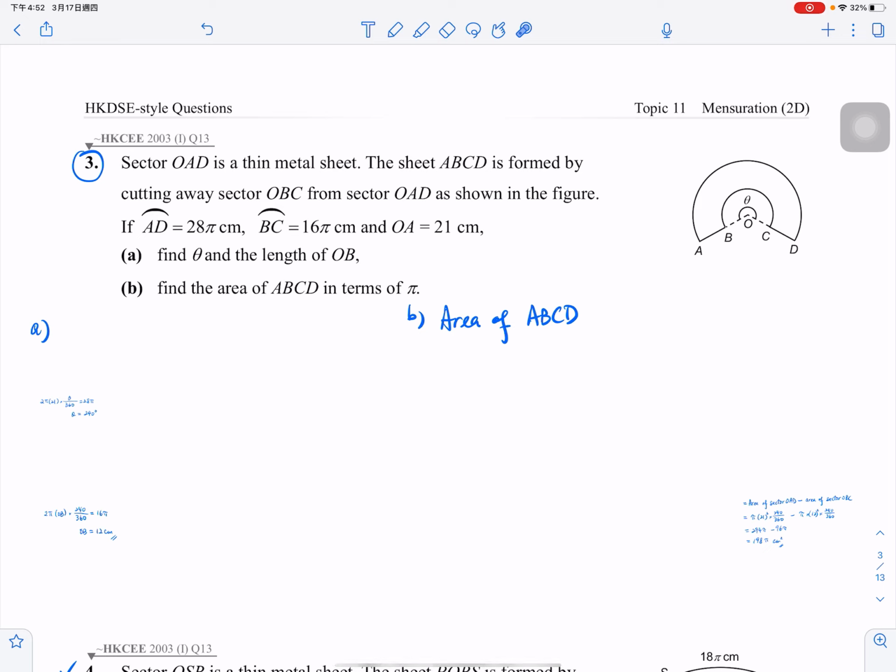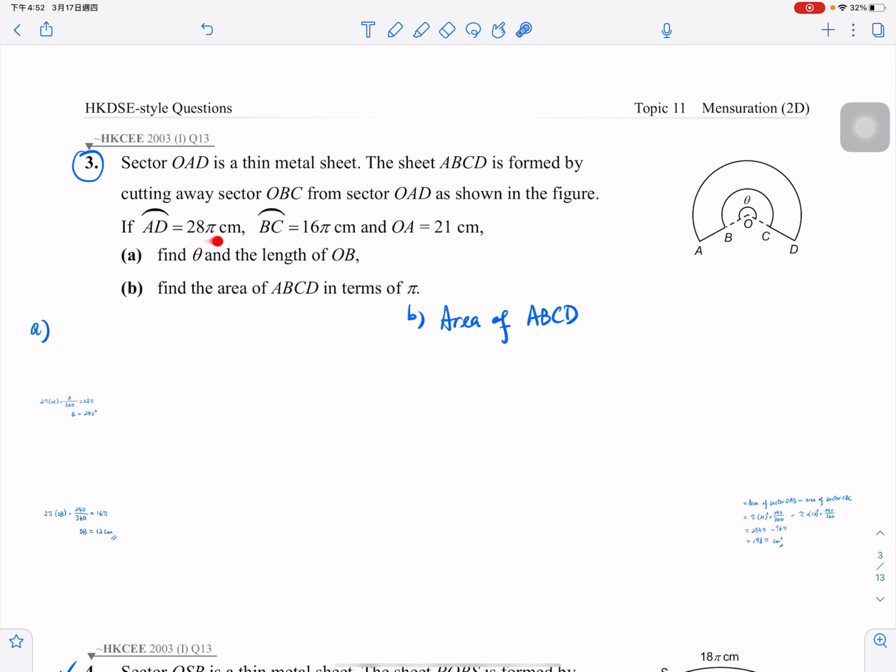Now, sector OAD, that means the bigger one, the whole one. It's a thin metal sheet, and sheet ABCD is formed by cutting away the small sector OBC from the original, bigger sector OAD shown in the figure.